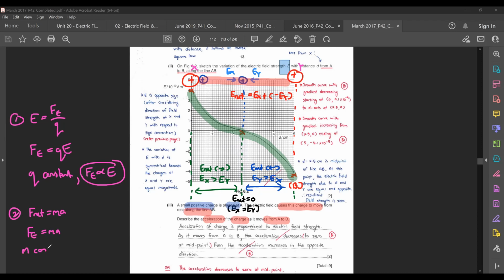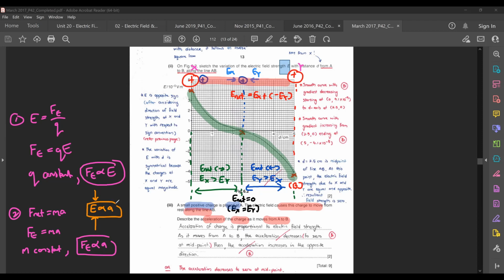Now, if I tell you m is constant, doesn't this mean that Fe is proportional to a? Okay, so there's a relation between these two that you can make now. You can actually say that E is proportional to a.